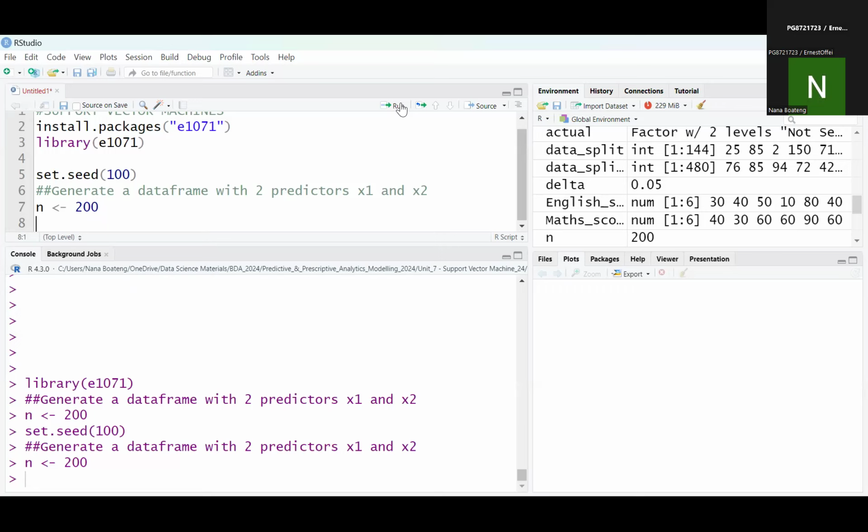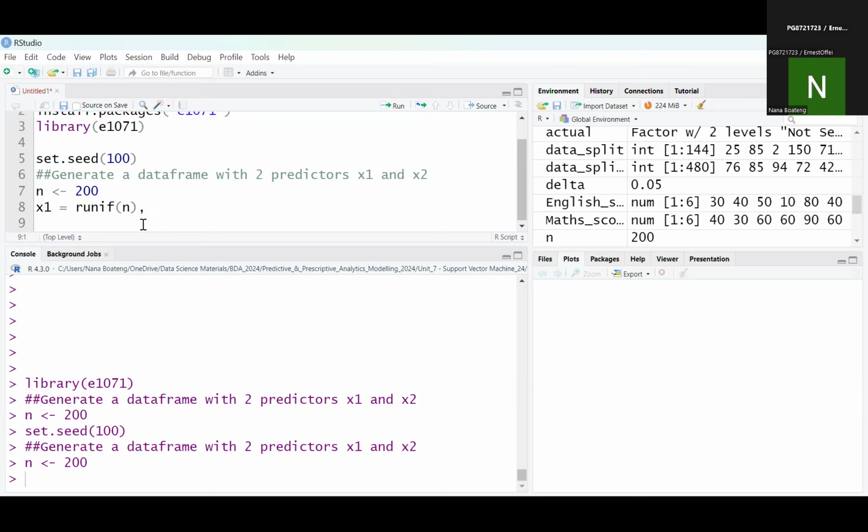We want to start with x1, and we want random uniform numbers, so we use runif to generate these random numbers for us. And then we do the same for x2.